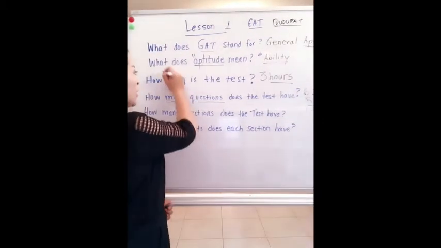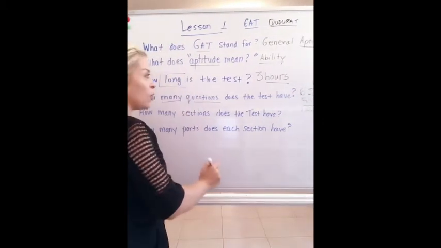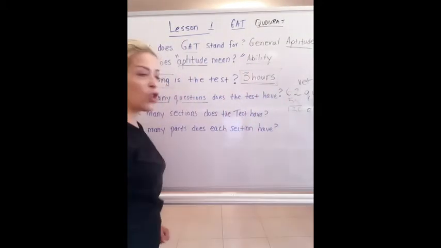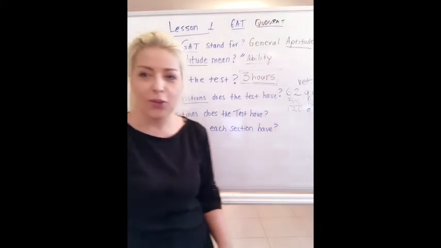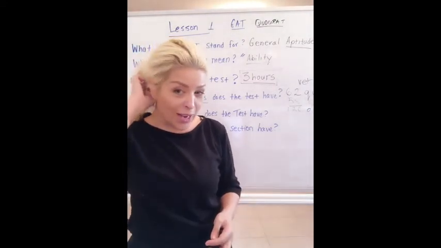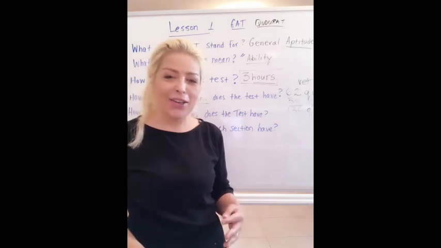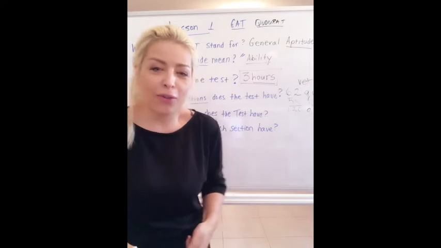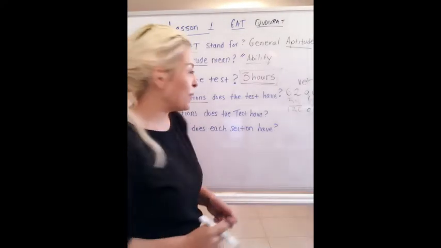How long is the test? The test is 3 hours, just 3 hours, okay? So make sure that when you go to the test, you're not tired and you've slept and you've eaten something. It's very important to be properly prepared.